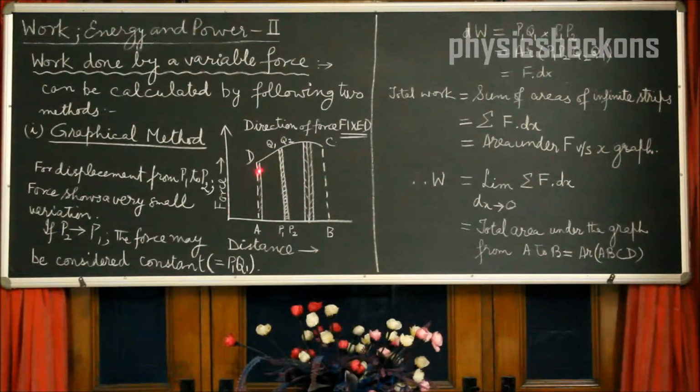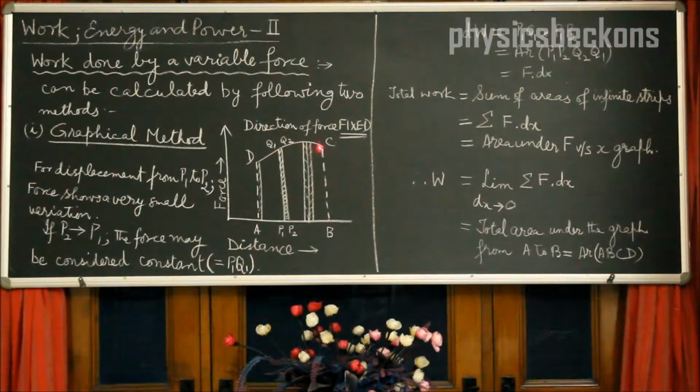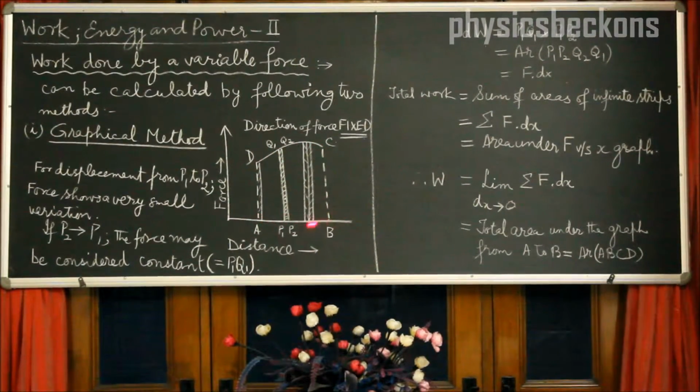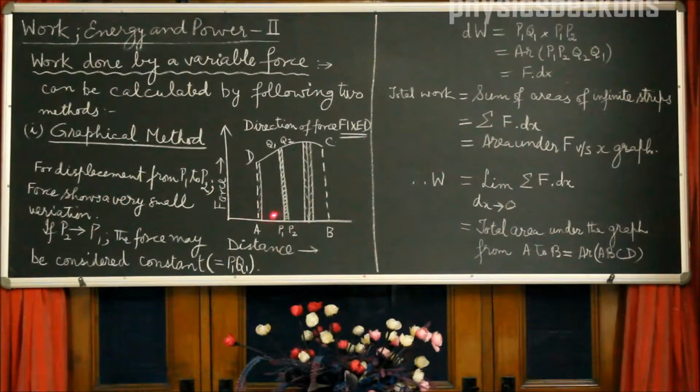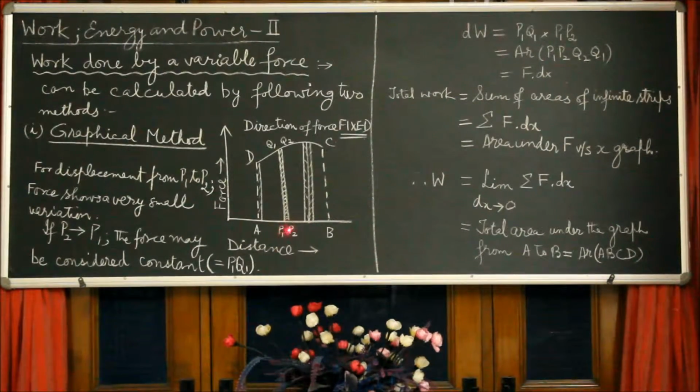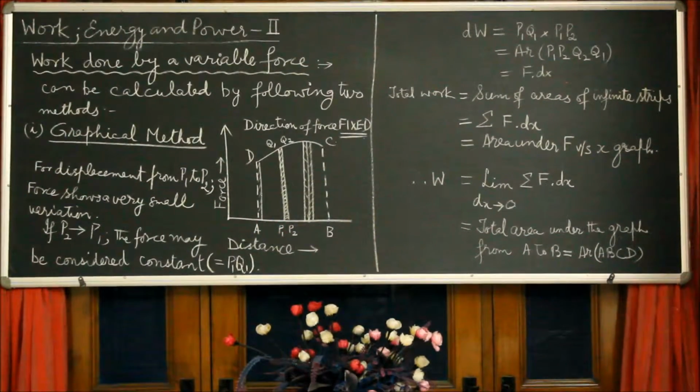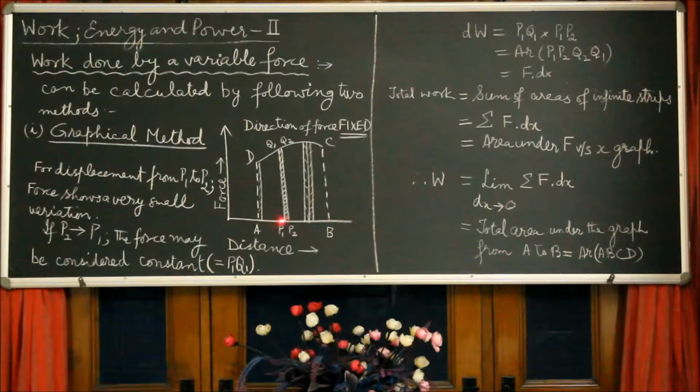For the purpose, we divide this distance AB into a very large number of small parts. One such part is shown by P1, P2. Similarly, we divide the entire region AB into extremely small strips.